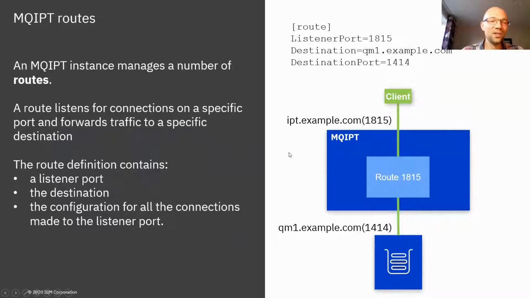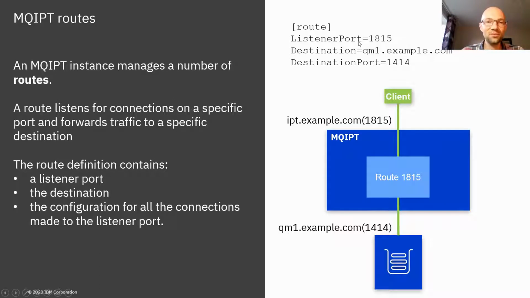So let's look at how MQIPT knows what to do with the connection that comes into it. This is where we introduce the concept of an MQIPT route, and a route for IPT is linked to a specific port that MQIPT listens on. The route definition needs to have at least the things up here on the right-hand side of the slide.